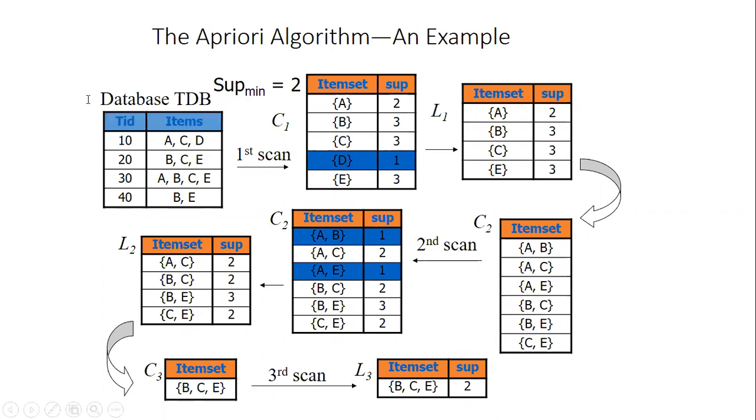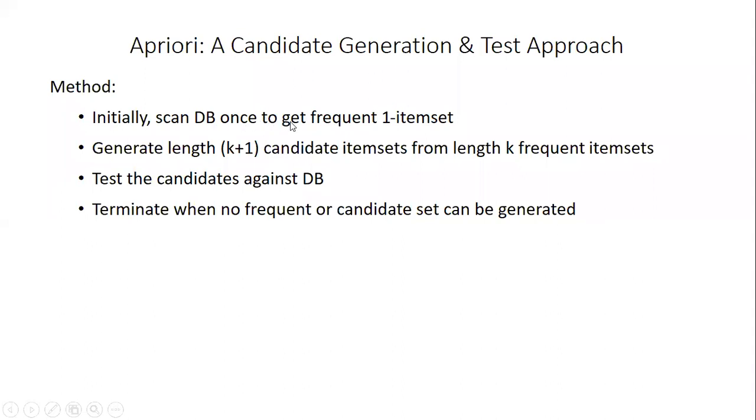Let us take this as an example, and let us take the minimum support given as 2. According to the method, first we scan the database for the one item sets, then we keep on incrementing the item set size.